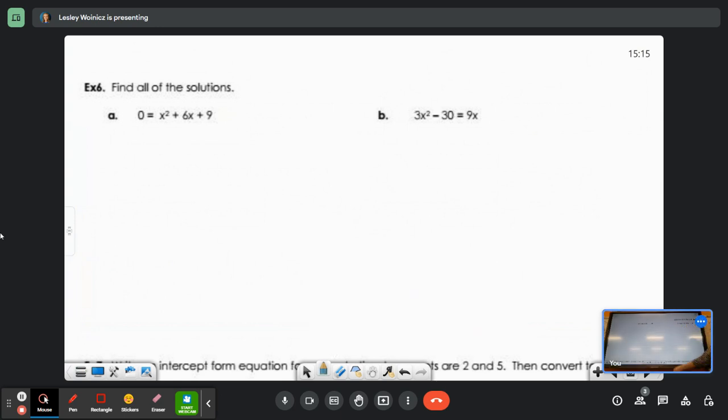Okay, so what I want to do is see if I can get this written as a pair of binomials multiplied together in factored form so that I can use my ZPP. We know we need an x times an x to get x squared. We just have to find what the other parts of the factors are. So we get to play the game. We want to multiply to 9, and we need to sum to 6. Any ideas? 0 and 6. 3, 3. 3 and 3, that's it.